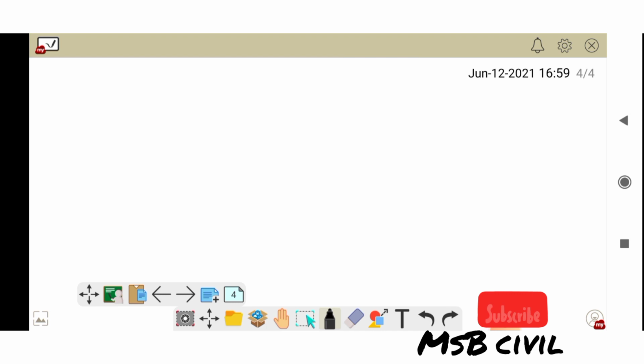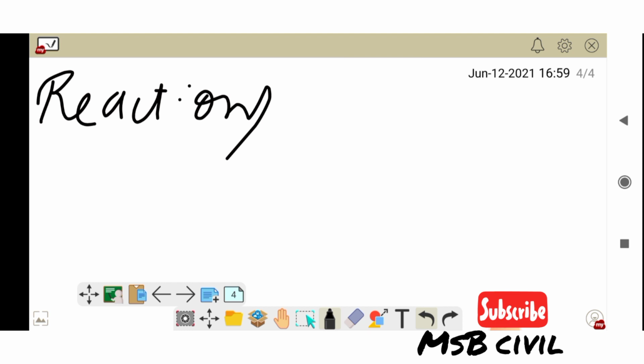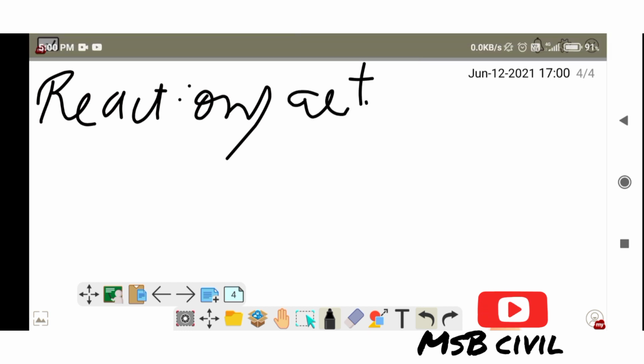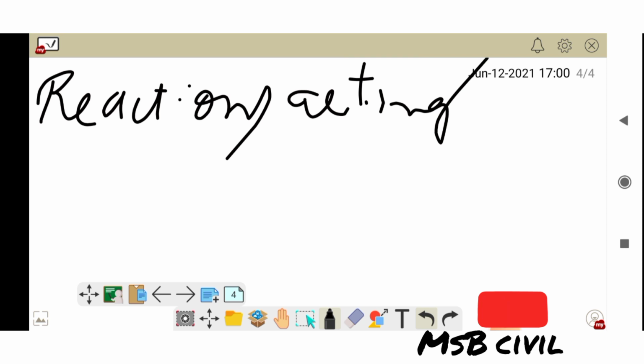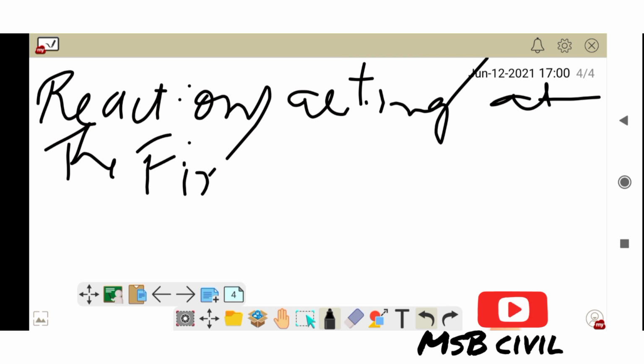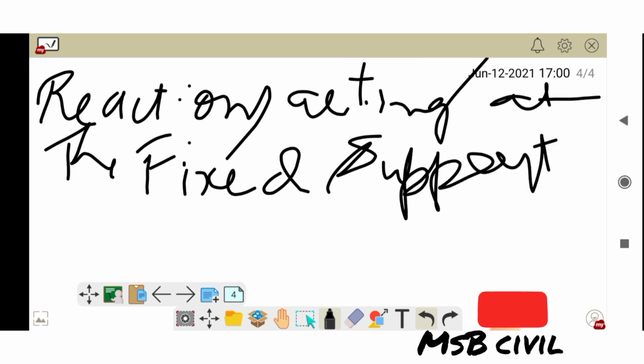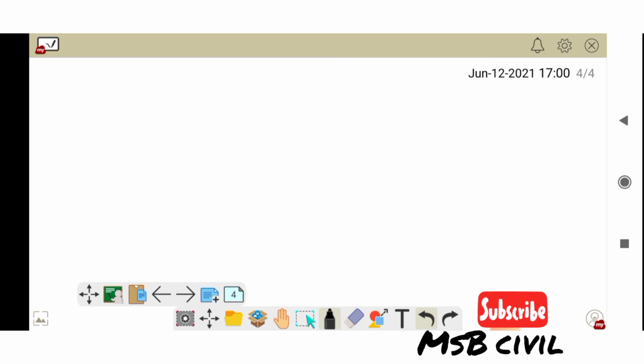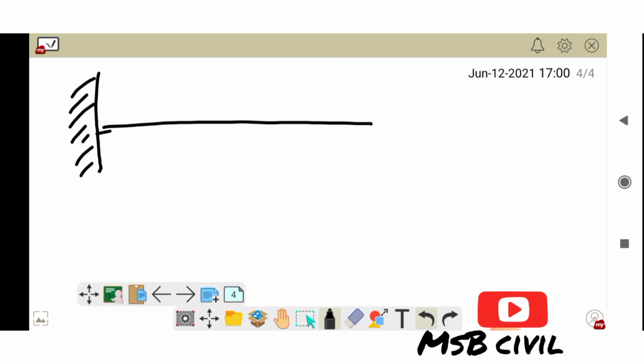Now, the reactions acting at the fixed support. First I will draw the diagram. Here is a load acting.